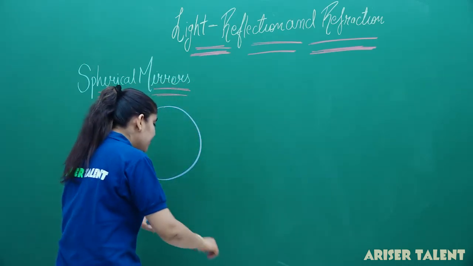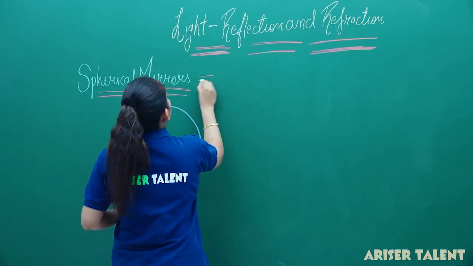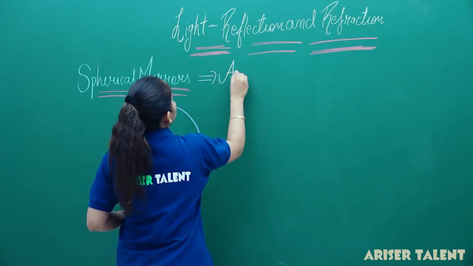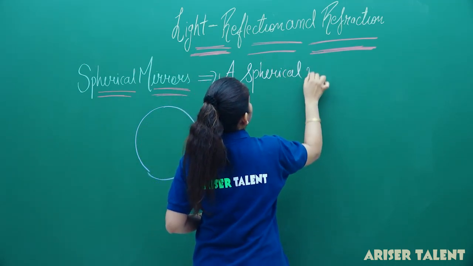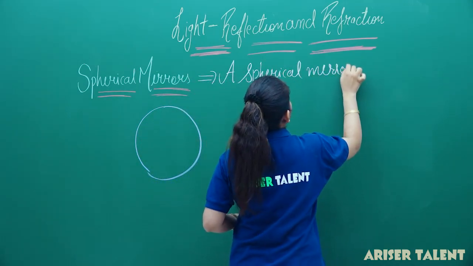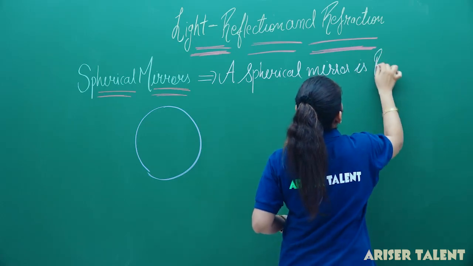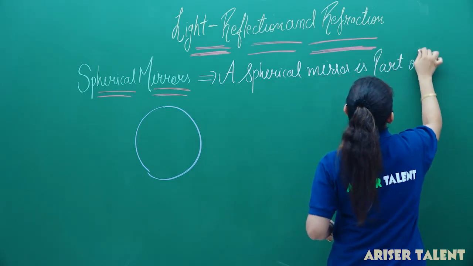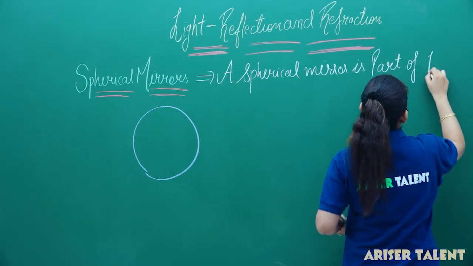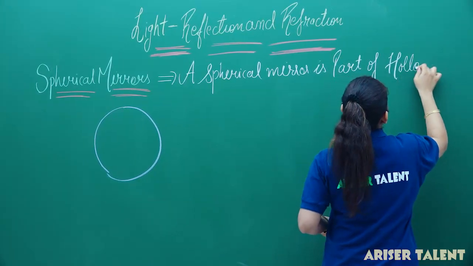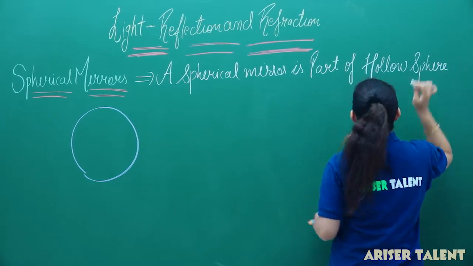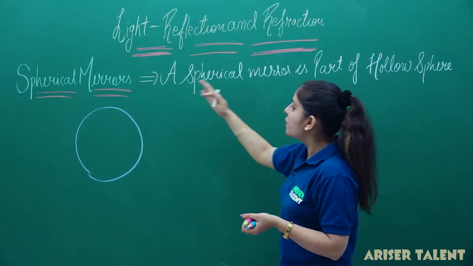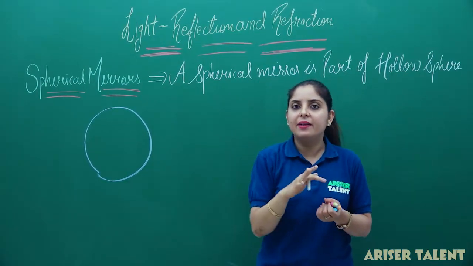So we can write here: a spherical mirror is a part of a hollow sphere.